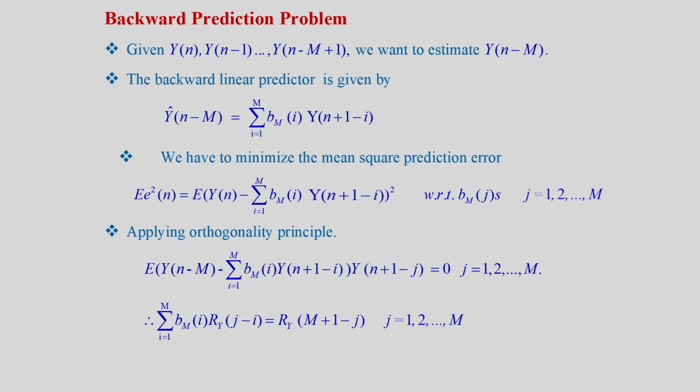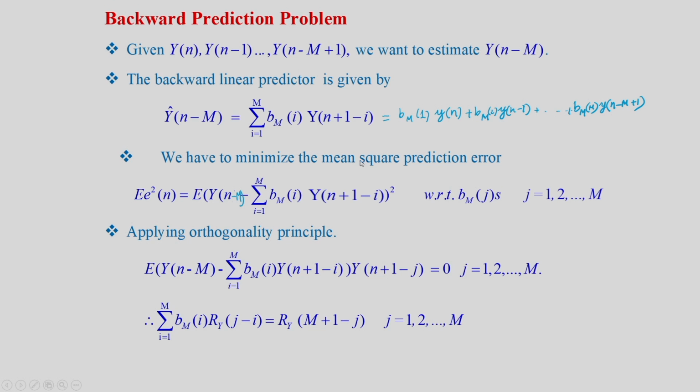So, this will be equal to b_m1 y[n] plus b_m2 y[n-1], like that. The last element will be b_mm y[n-m+1]. This way we predict y[n-m].